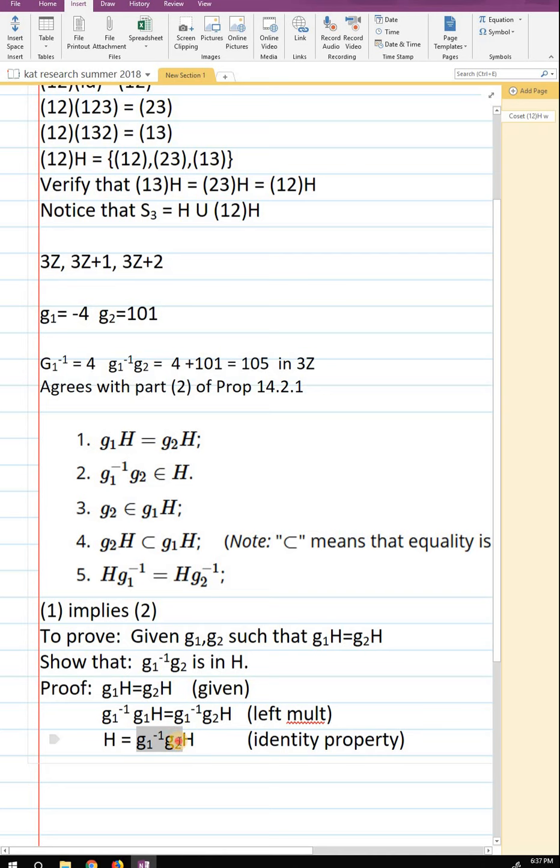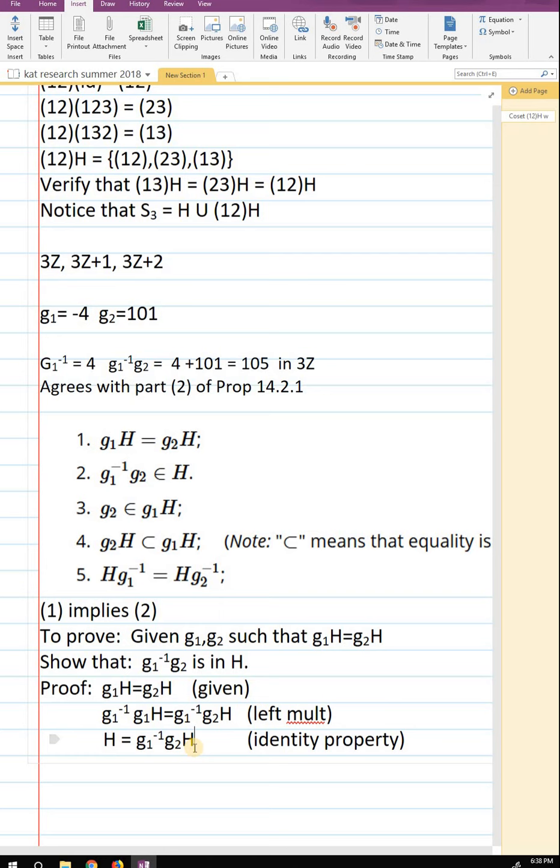Well, suppose X is an element of G1 inverse G2? You can't say X is an element of G1 inverse G2, it is an element. Can we say that that equals 1?